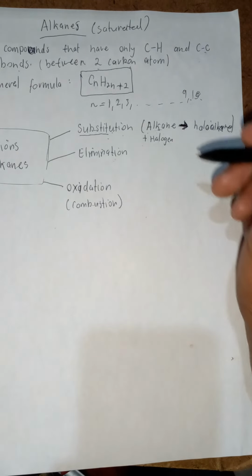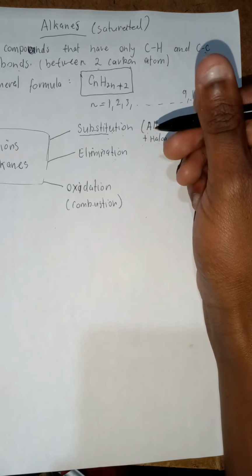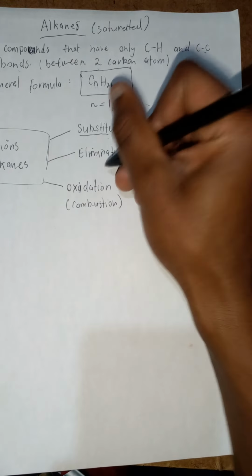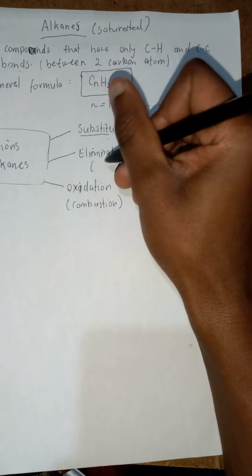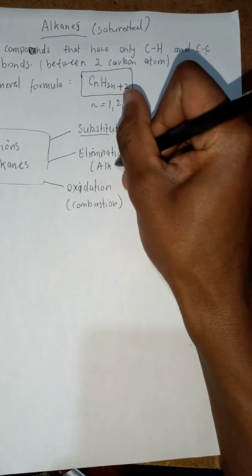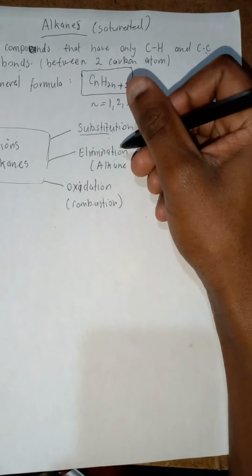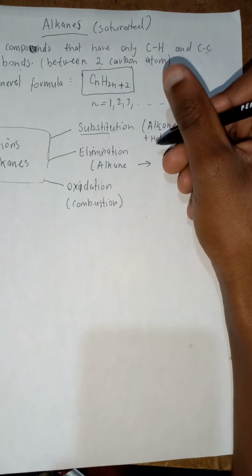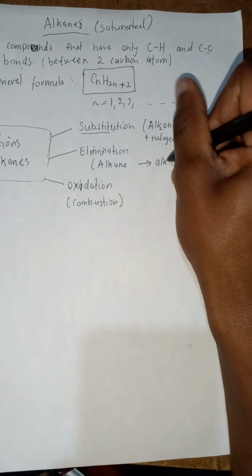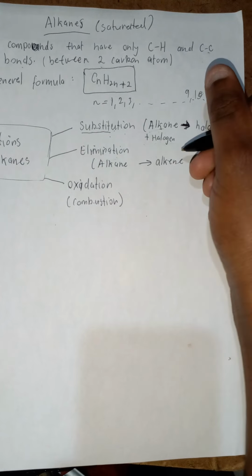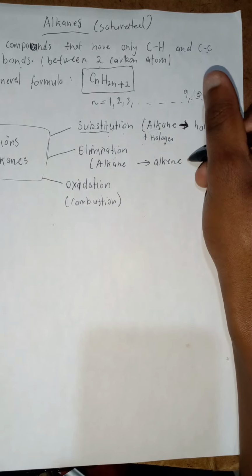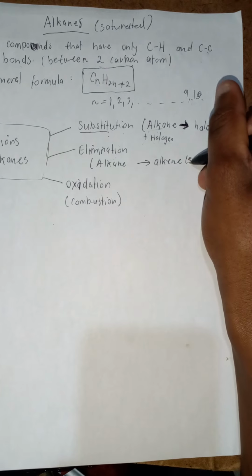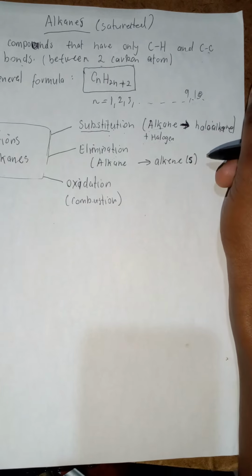And then number 2 is elimination. So what is an elimination reaction? An elimination reaction is a reaction that happens when an alkane decomposes to form an alkene. In most cases these alkenes are in a solid phase.